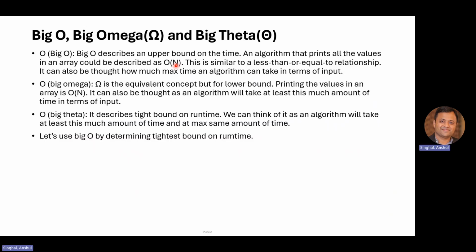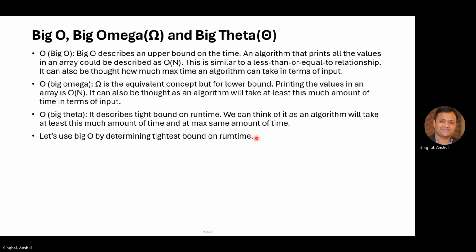So big O describes an upper bound on the runtime. Likewise, big omega describes the lower bound on the runtime. And big theta is the tight bound on the runtime. And that is what we would like to use big O for, by determining the tightest bound on the runtime.